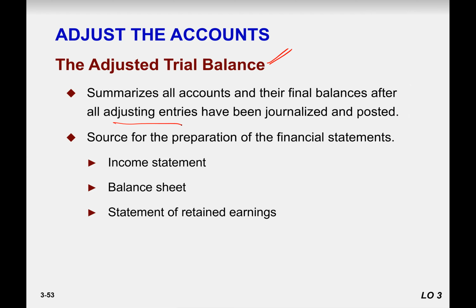So we have the unadjusted trial balance, which is made at the third point when we journalize the entry, post the entry, balance it out, and then post into the trial balance. So the adjusted trial balance is the source for making the income statement, balance sheet, and retained earnings statement.